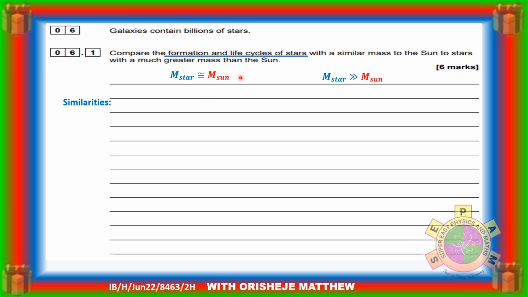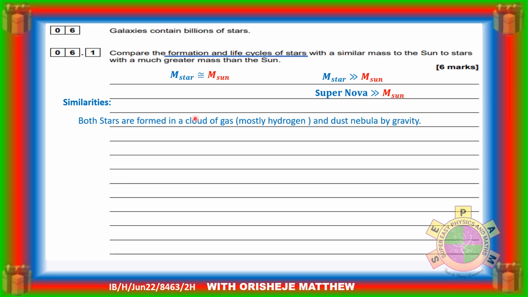Now both stars, in terms of comparison, whether they have the same mass as the sun or a mass greater than the sun, both of them are formed from a cloud of gas, which is mostly hydrogen, in a nebula, by gravity.